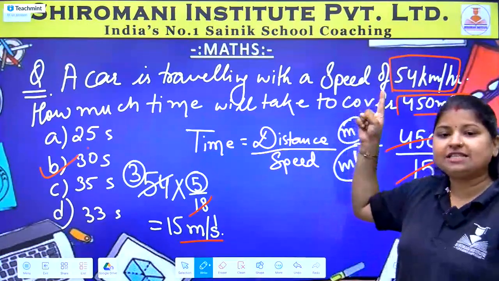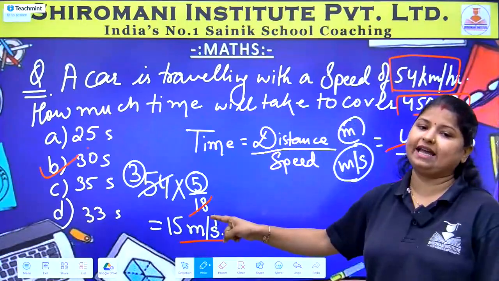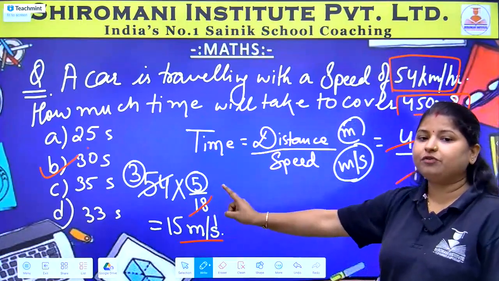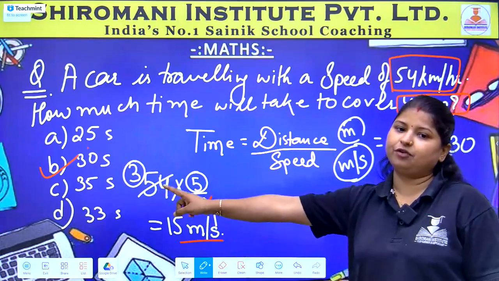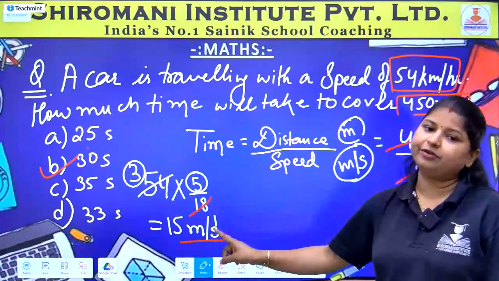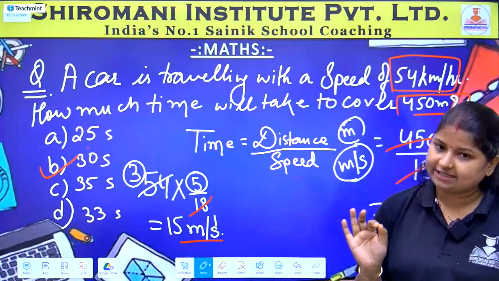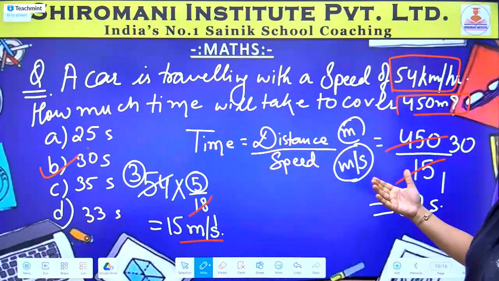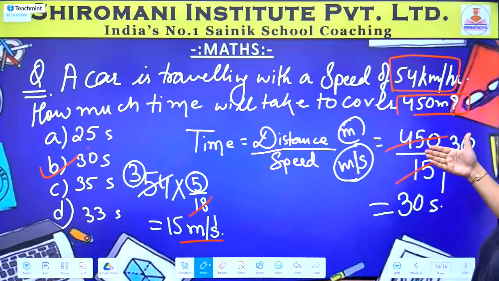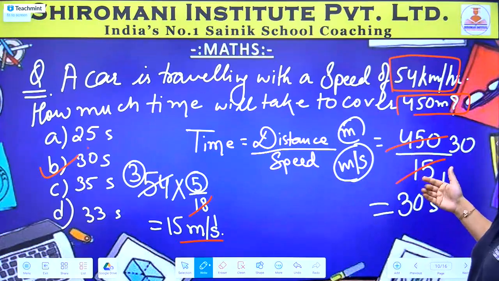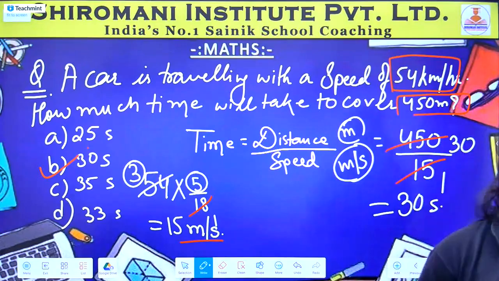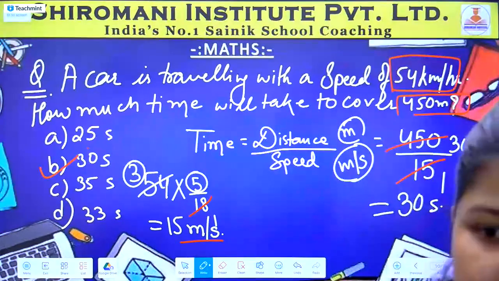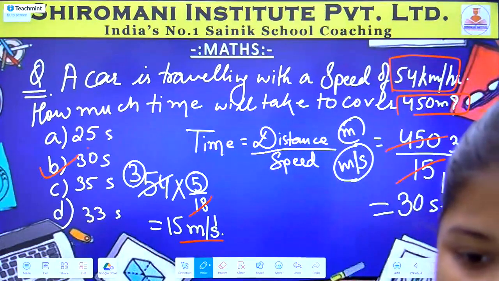First, you will convert speed into meter per second. 54 into 5 upon 18. 18 ones are 18, 18 threes are 54. 3 into 5, 15 meter per second is your speed. Now put it into the formula. Distance is 450, speed is 15. 450 divided by 15, you got 30 seconds as your answer.